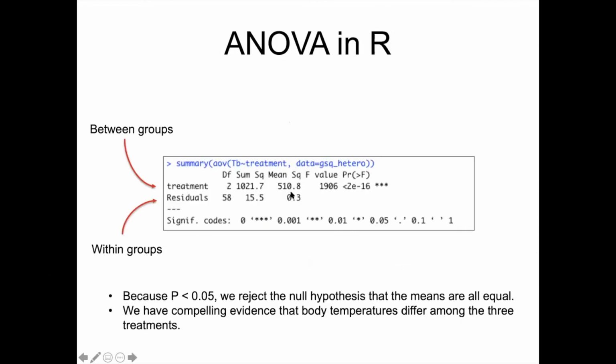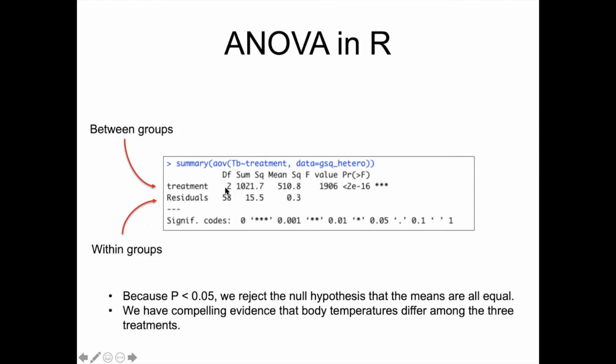And we can do this using R, where we get our ANOVA table reported out for our summary of this aov, or analysis of variance, command. Just to orient you to the way this is depicted, the between group effects are shown in the top row, and the within group effect is shown in the bottom row, referred to as residuals.